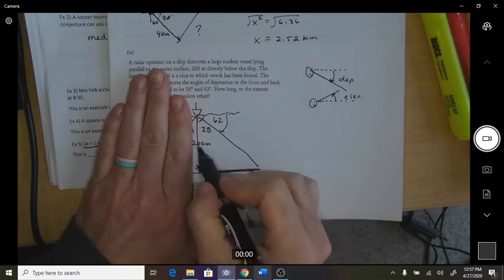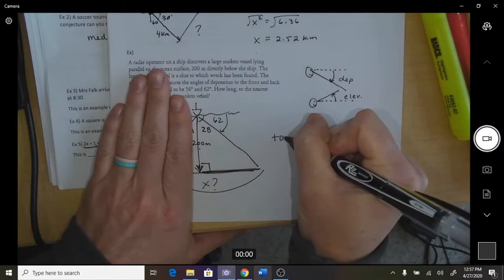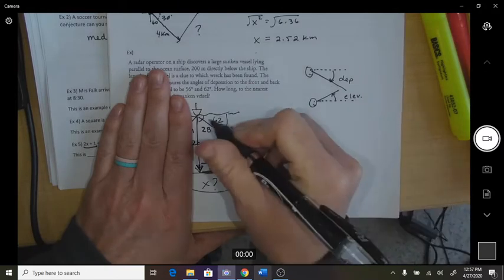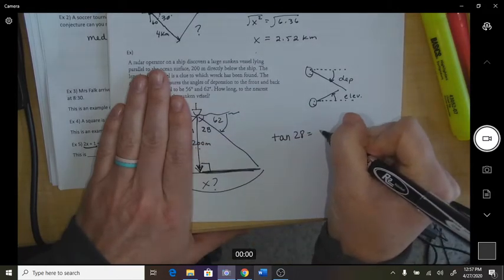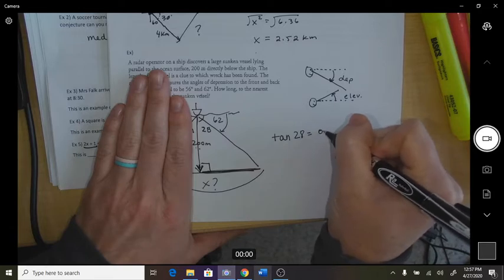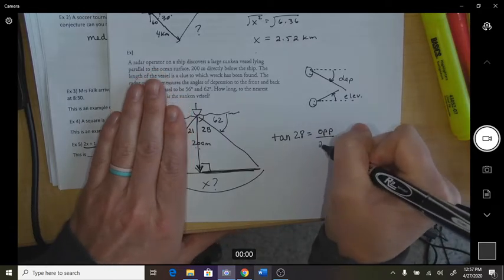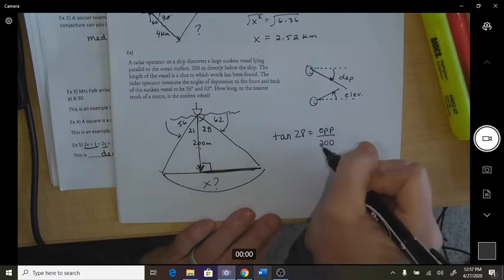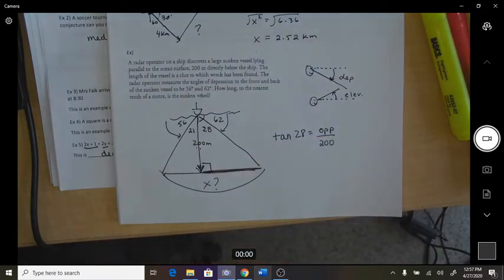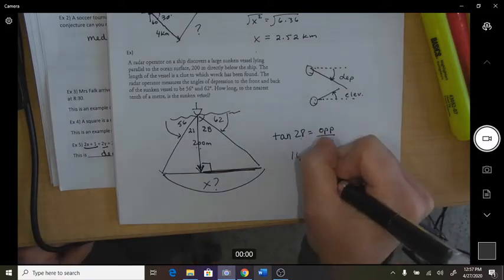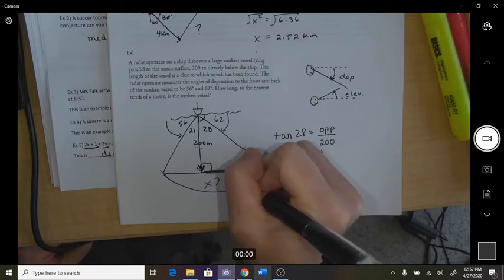Opposite, so opposite and adjacent, so I can use TOA. So tan 28 is the opposite over the adjacent. So if I tan 28 and times it by 200, I get 106.34.